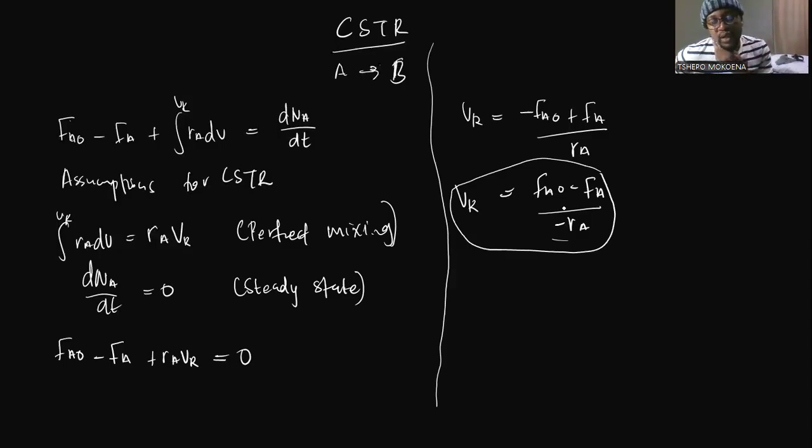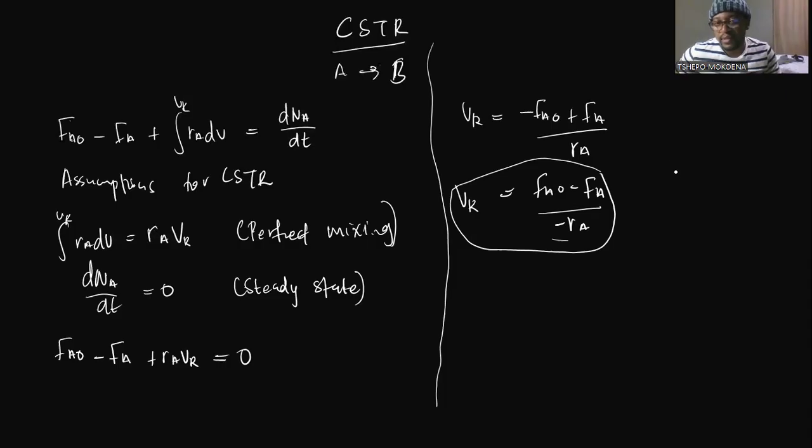You can actually introduce concentration in this equation however you want. And again, it depends on whether you are told the reaction is first order or second order or nonlinear, then that's how you can introduce your rate laws by introducing concentration as well, just like how we did under the batch reactor.